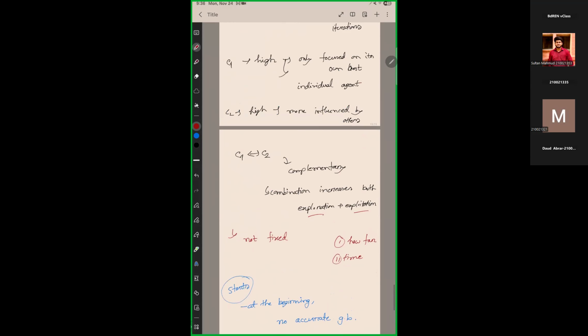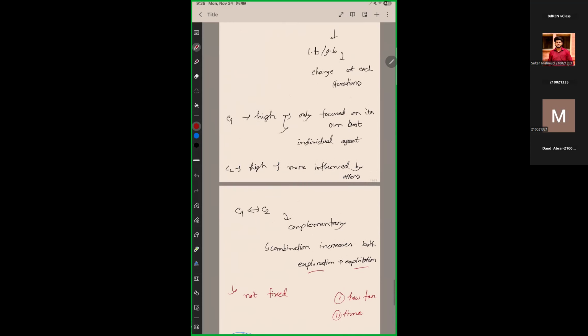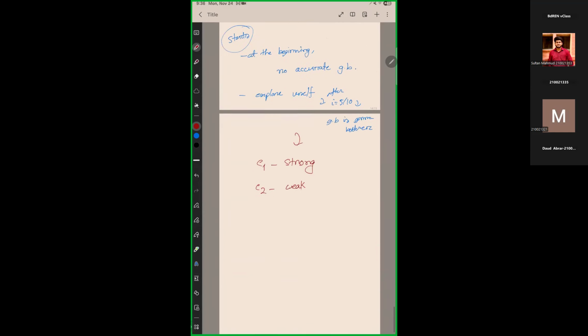Then what will happen? When the C1 value is high, they will explore by themselves. And since the C2 value is low, they are less influenced by the others' behavior. Understood? Yes, sir. And you do that, let's say for i less than 10 in your algorithm. You can write it easily. Iteration less than 10, this will be our setup. Clear?